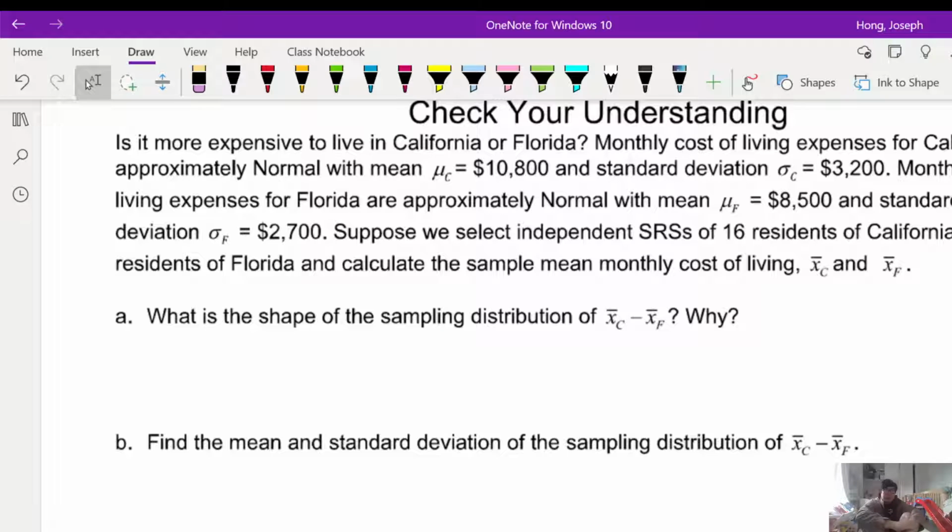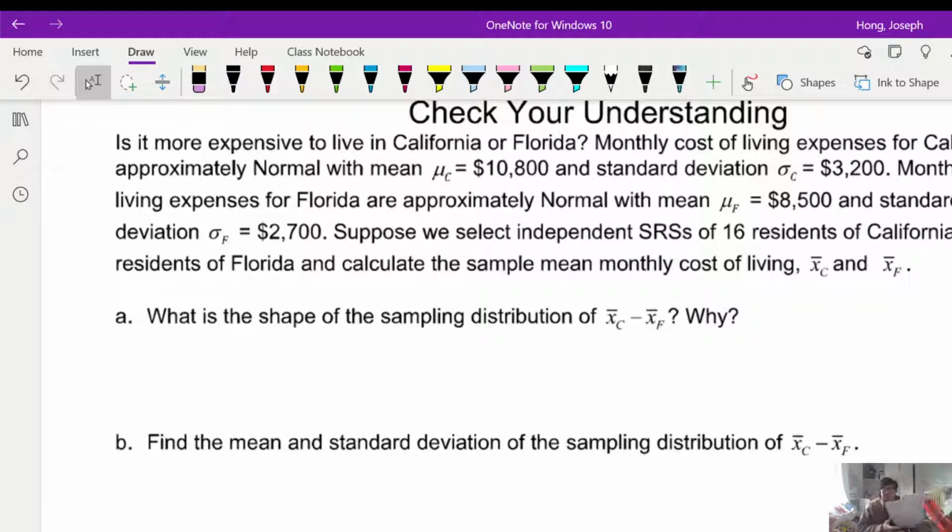So based off the context already, I would probably live in Florida if I'm talking about only money. Suppose we did SRS on 16 people in California and 9 people in Florida. Calculate the sample mean living costs, like the differences of x bar of C and x bar of F.